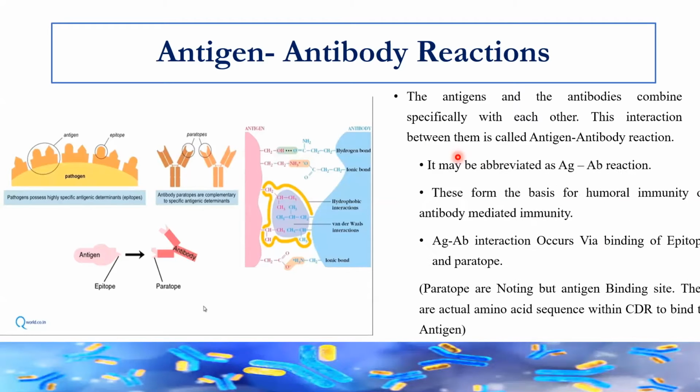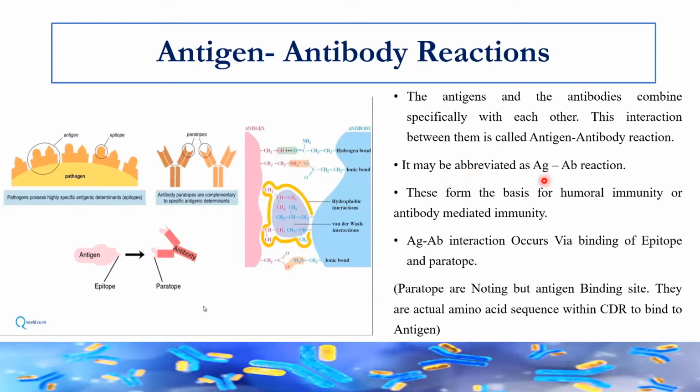This reaction can be abbreviated as AG-AB reaction. AG stands for antigen, AB stands for antibody. And this reaction forms the basis of humoral immunity or antibody mediated immunity. By now you very well know that because antibody is a part of humoral immunity, this reaction is also a part of humoral immunity.